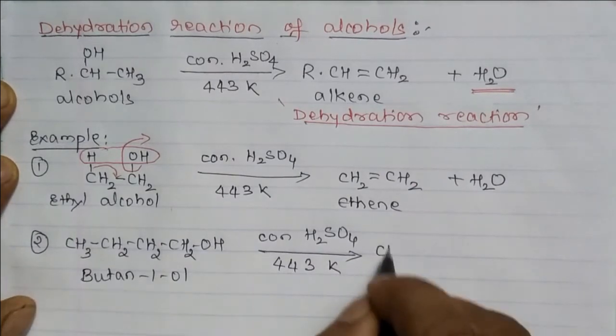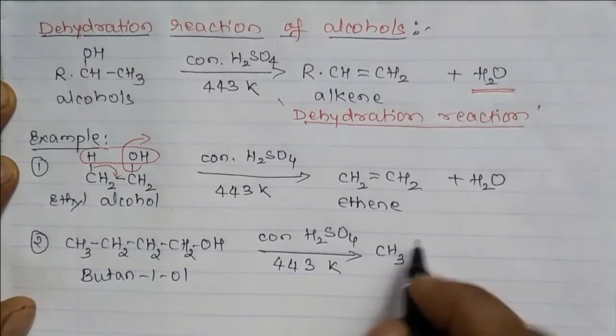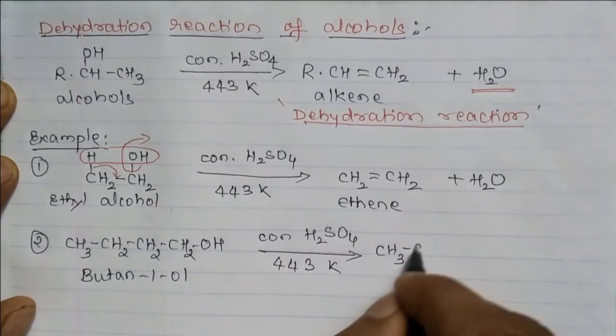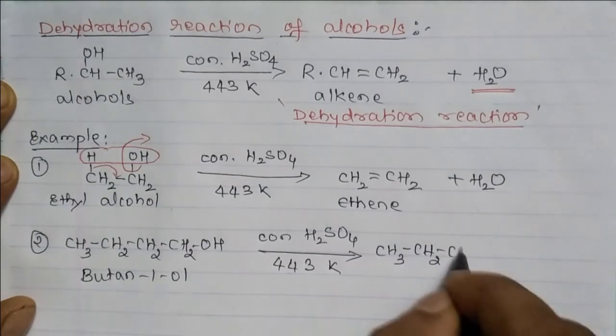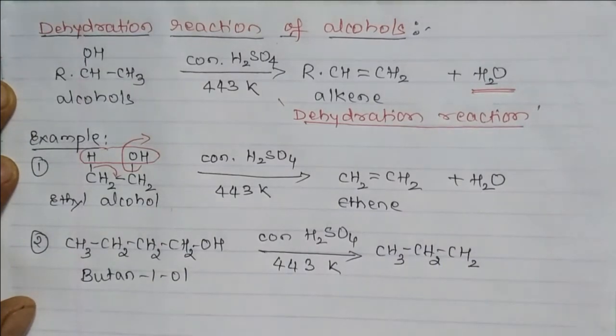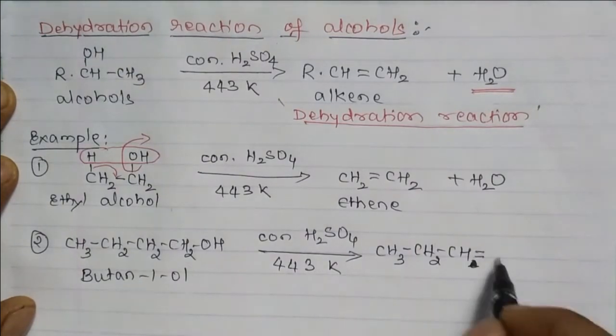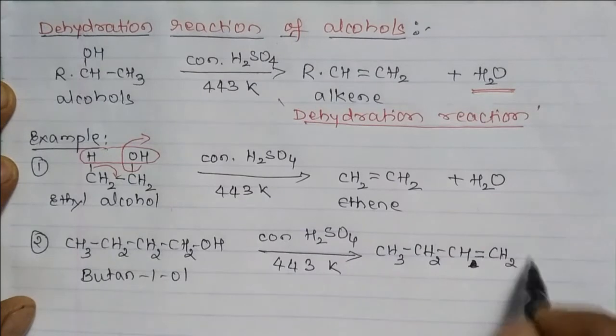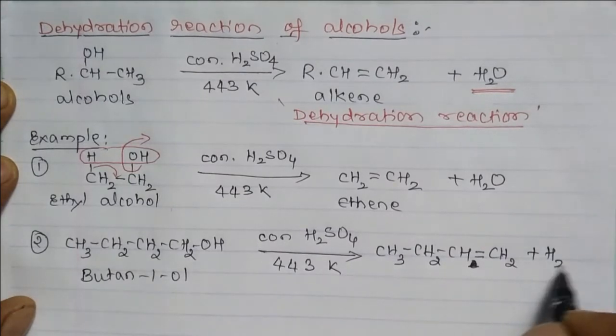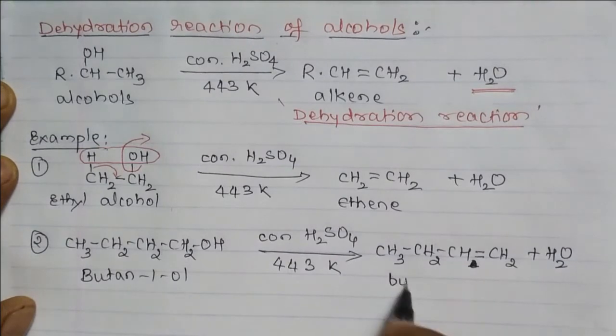We are going to get CH3 CH2 CH double bond CH2 plus H2O. You are going to get 1-butene, or but-1-ene. This is the dehydration reaction of alcohol.